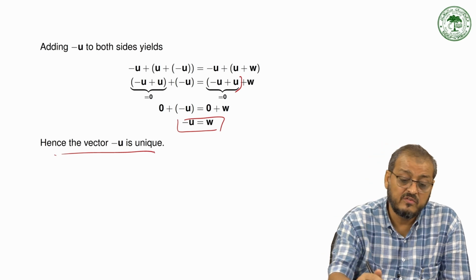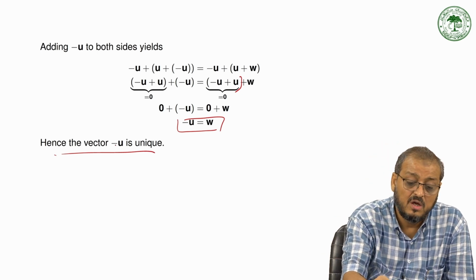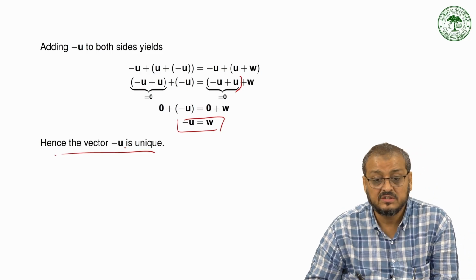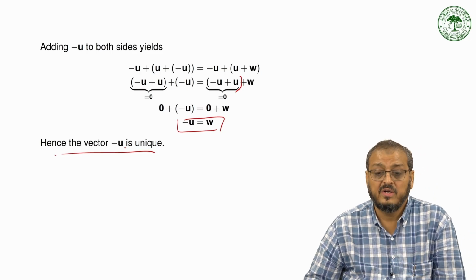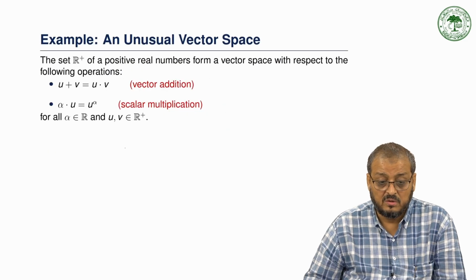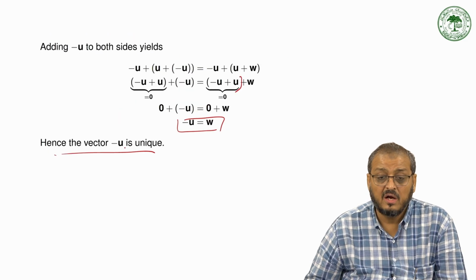Clearly minus U plus U is equal to 0, so minus U is a unique element in this case.